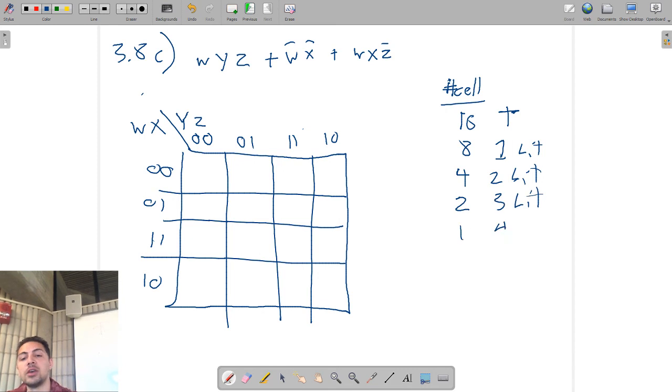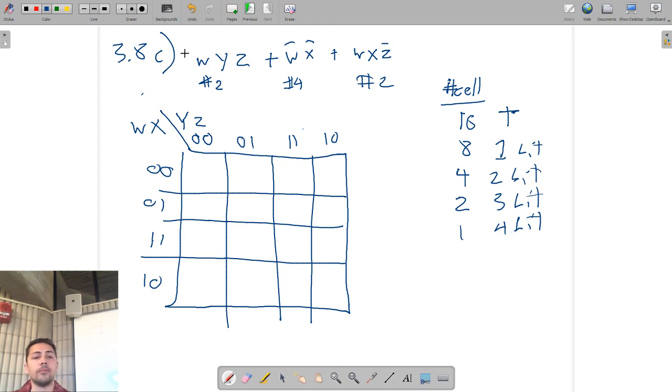And if it's 1, it's going to be all 4 literals. So right off the bat, I know that the fact that I have 3 literals here means this is going to be 2 cells. This is only 2 literals, so it's going to be 4 cells. And then this is also going to be 2 cells. So each of these corresponds to 2 cells on this K-map.